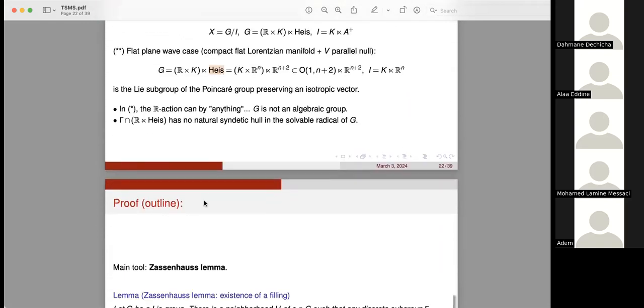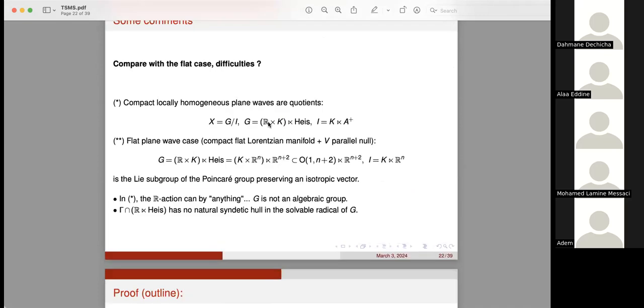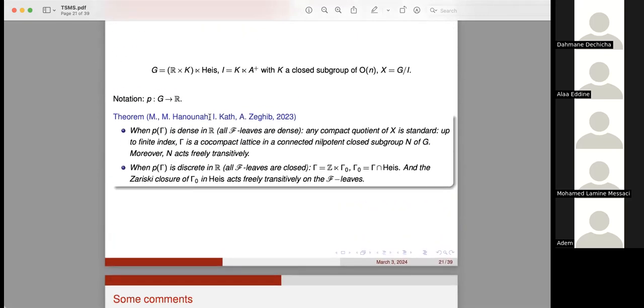So what saves us here is a very beautiful lemma, which we call Zassenhaus lemma. I forgot to say that this theorem is joint work with Malek, he's here, his PhD advisors Ines Kath and Abdelghani Zeghib.